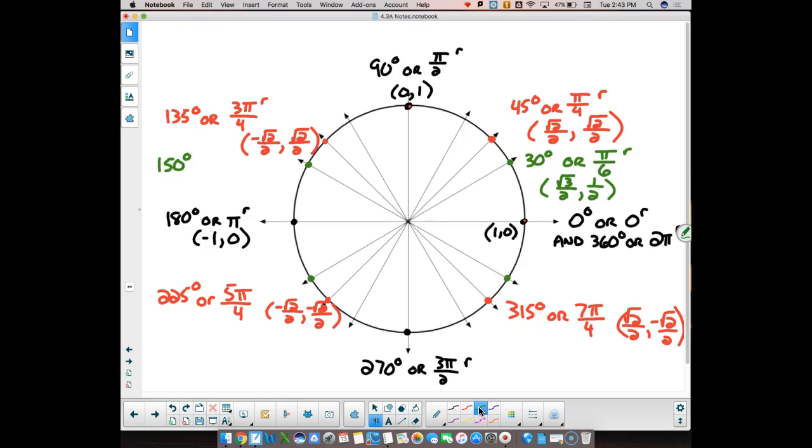Would be 5 pi over 6 radians. And the coordinates are negative square root of 3 over 2, comma, 1/2. I love everything about that. Good job.